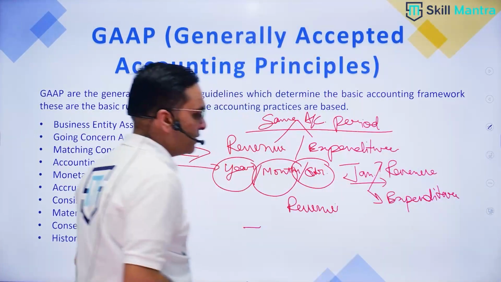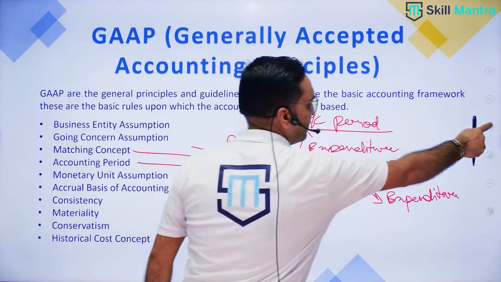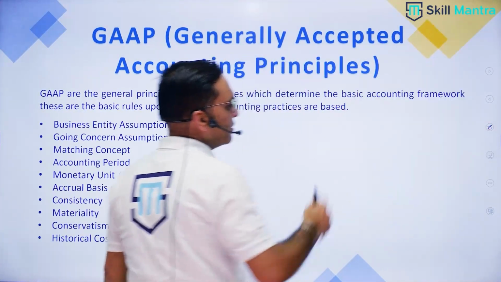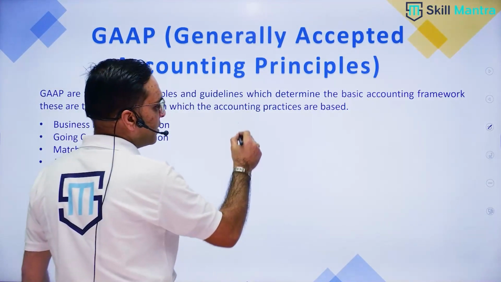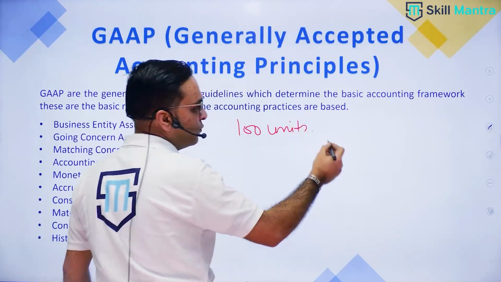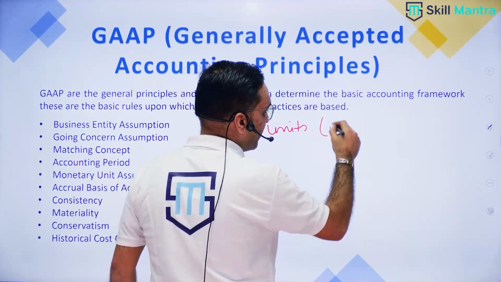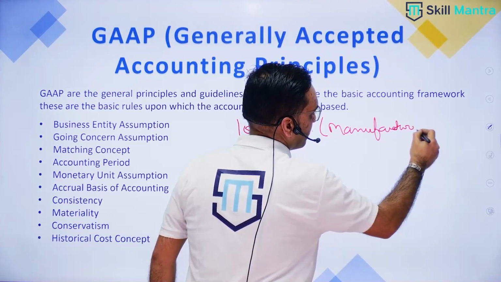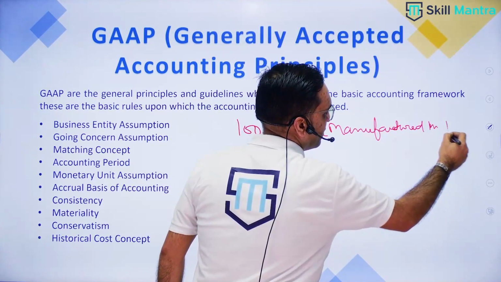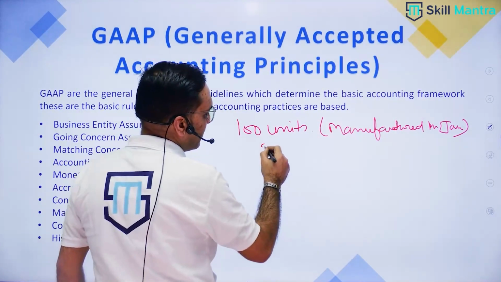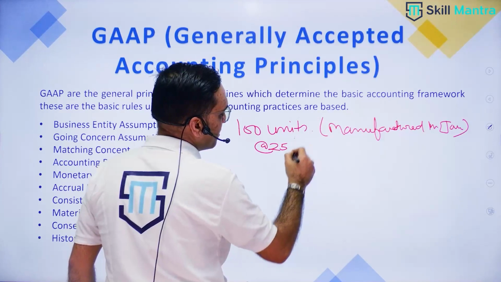Right? So say for an example, let me just get rid of everything, that will make more sense. Say for an example, you sold 100 units which were manufactured in January, right, at the rate of 25 rupees per piece.